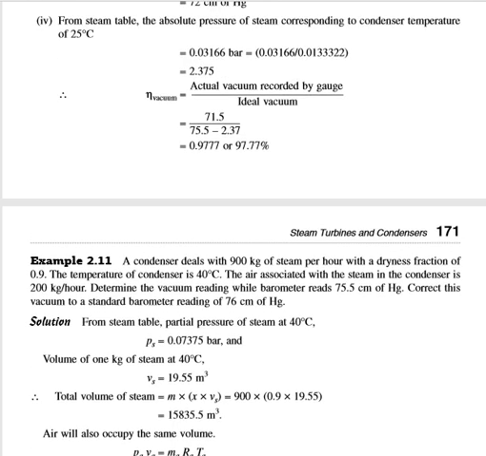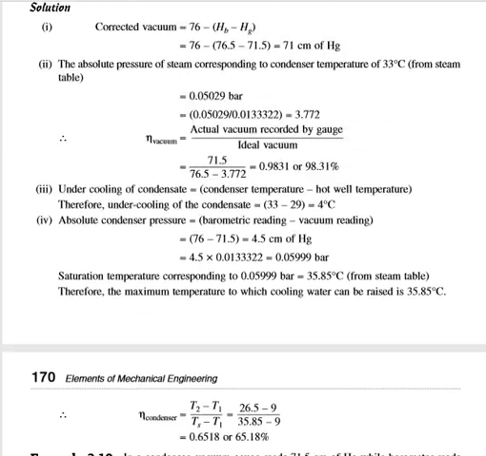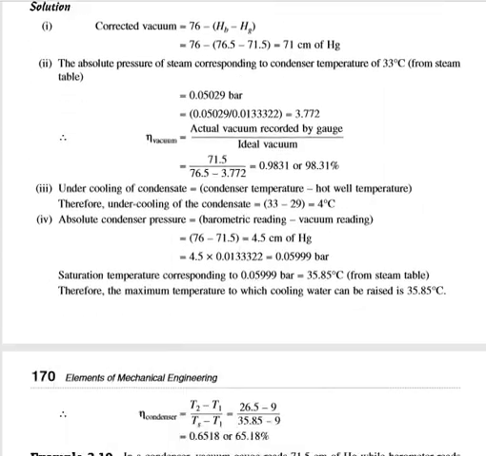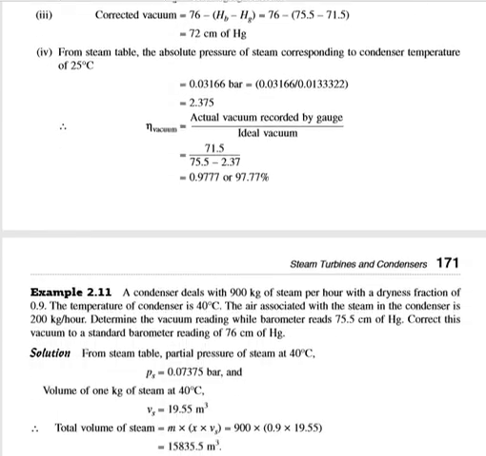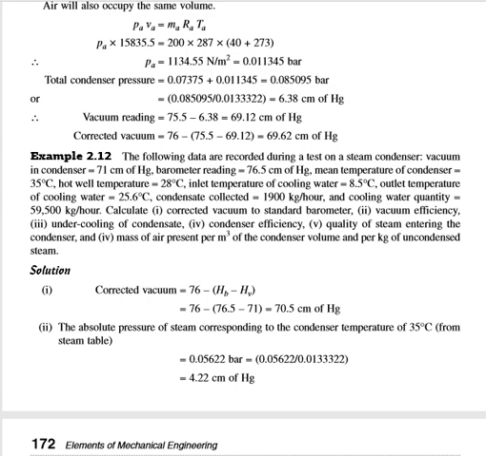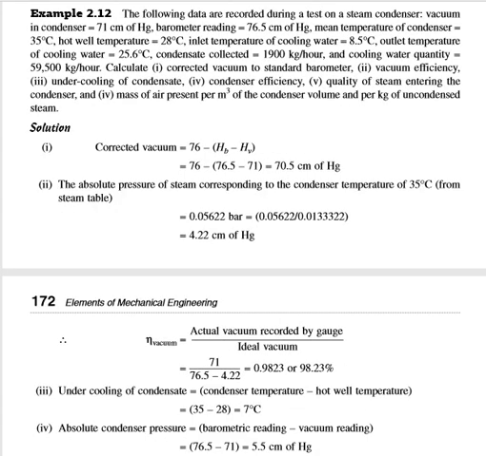In this numerical you have to understand the values of condenser vacuum and condenser efficiency, and this is the end of today's session. Then we'll take one more numerical on the condenser.